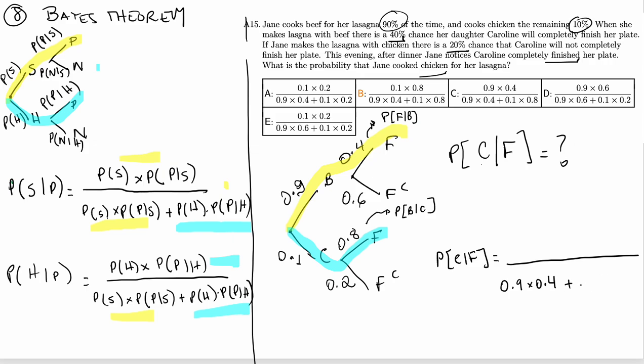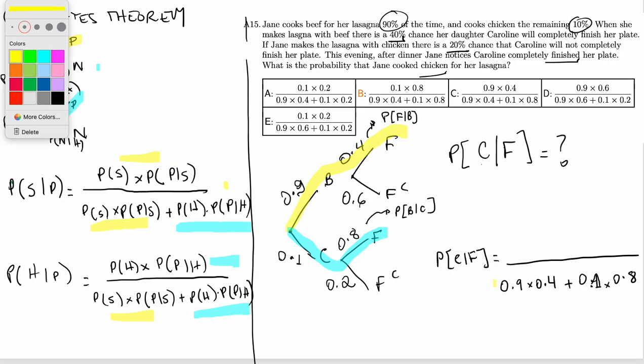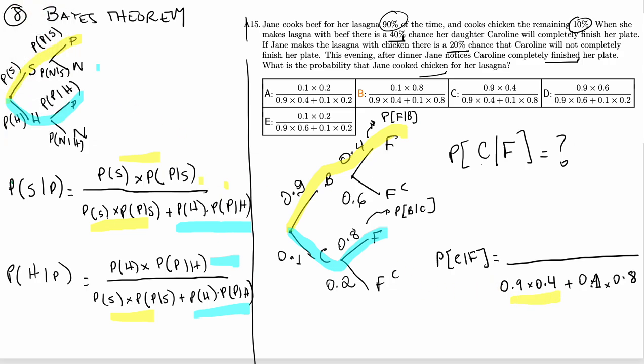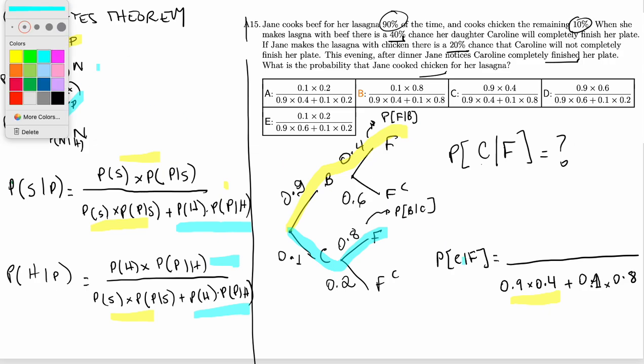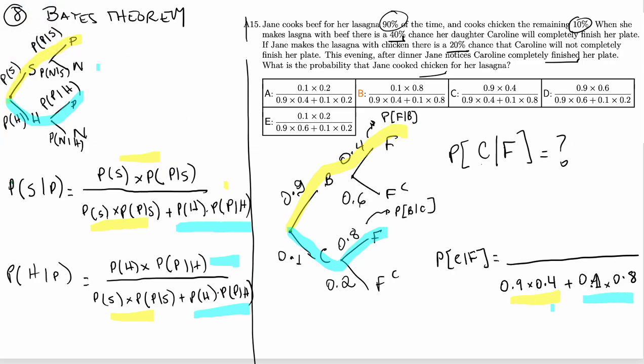And she can also land in finishing her plate by doing the blue path. So that's 0.1 times 0.8. Okay? So amongst all the ways she could land in finishing her plate, she could have come through beef, she could have come through chicken.